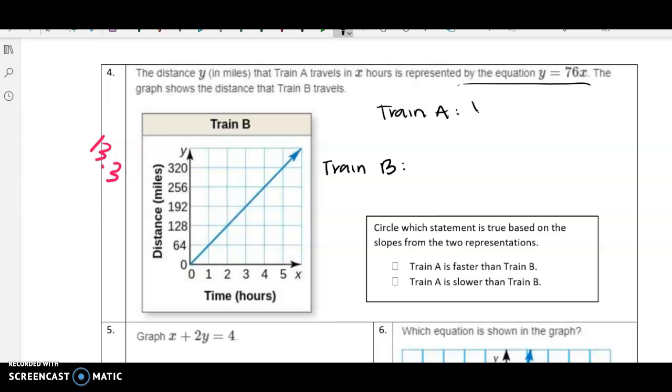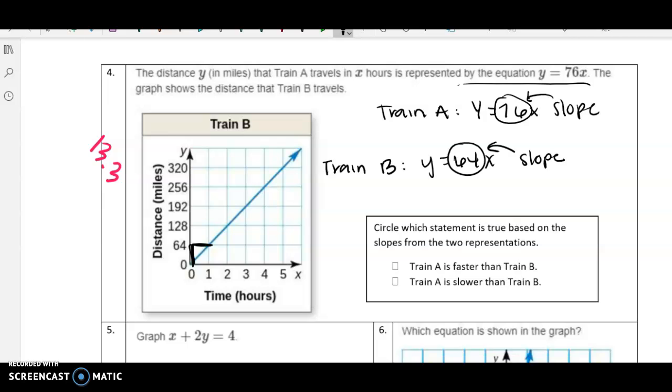So since train A is that equation, this is our slope. And then train B, we go up 64 and over 1. And we start at 0, 0. So our equation is y equals 64x, with 64 being our slope.